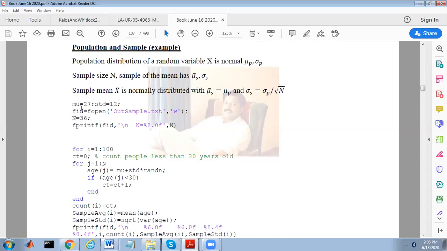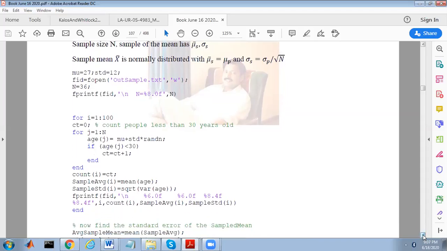So let's say I have a normal distribution with a mean value of 27 and a standard deviation of 12. I'm going to take 36 samples. Why? Because the square root of 36 is 6 and 12 divided by 6 is 2. I'm going to take 36 samples, but repeat that 100 times.